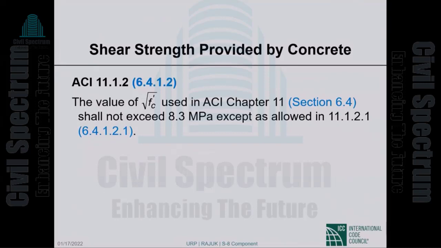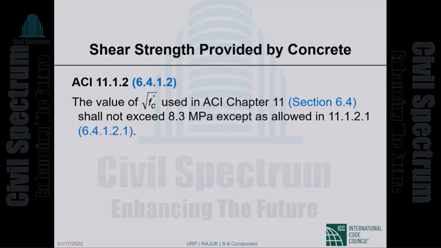Now, something that is basically a twist, if you like. Whenever we talk about V sub c, we typically express it in so many square root of f sub c prime, and that is sometimes true of V sub u also.